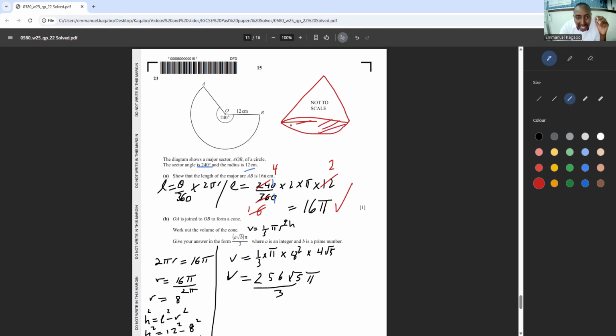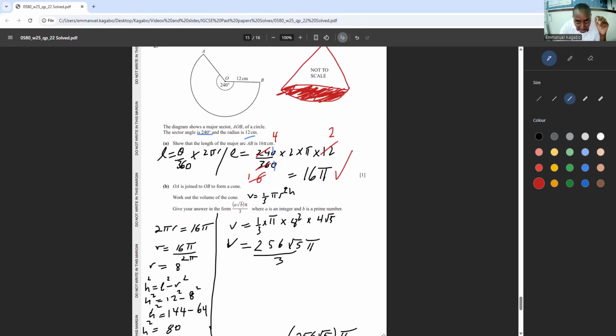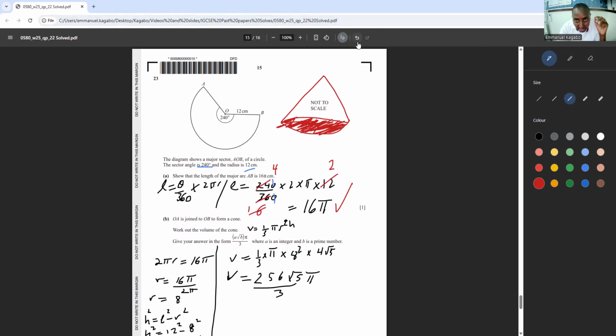To get the radius of that, we can use a different color. Here I'm going to have the radius, and then this is the height.